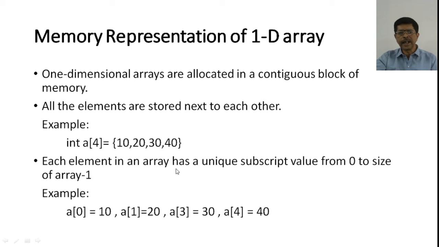Each element in an array has a unique subscript value from 0 to the size of the array minus one. So I can give a[0] = 10, a[1] = 20, a[2] = 30, and so on.